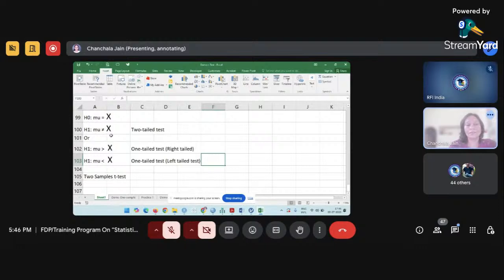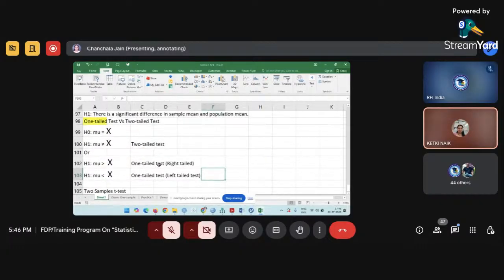It is clear, friends? Ma'am, can you repeat this one? This one-tailed test. Okay, I said H naught, the null hypothesis, is mu equals X bar, right? That is, I am saying population mean and sample mean are equal. Alternatively, I am saying mu is not equal to X bar.